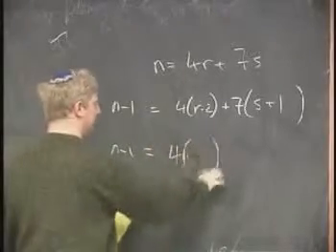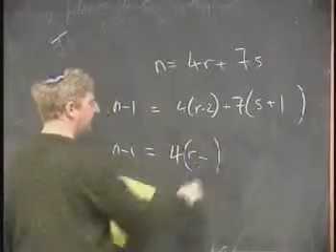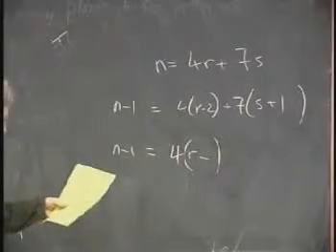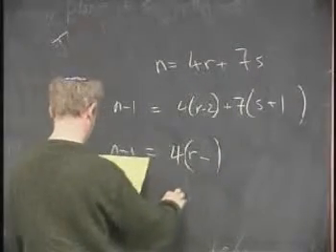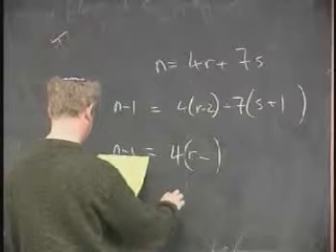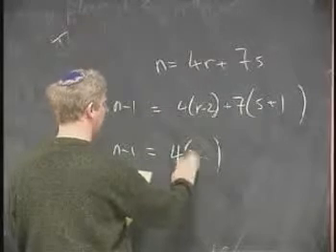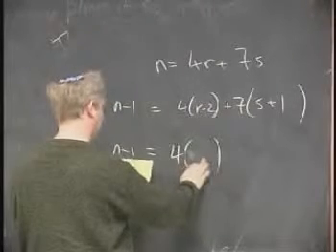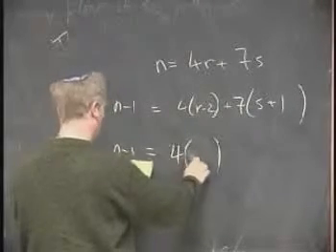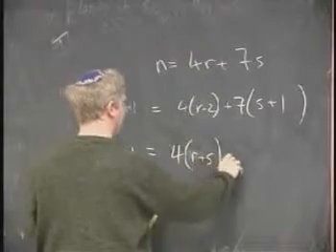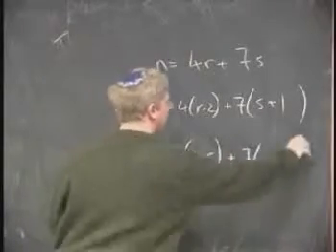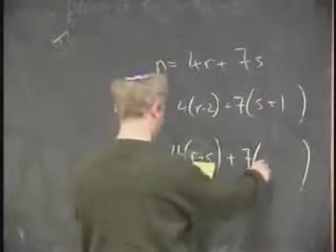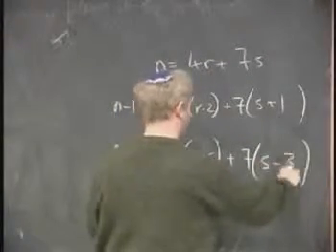Oh, it's not 4 times r, it's 4 times (r plus 5) plus 7 times (s minus 3).